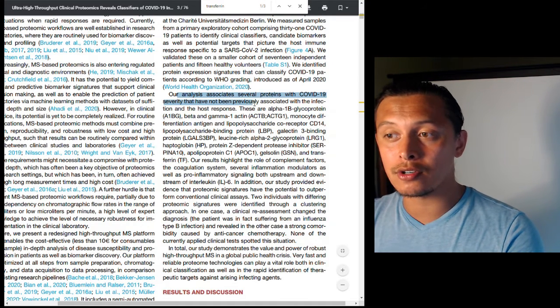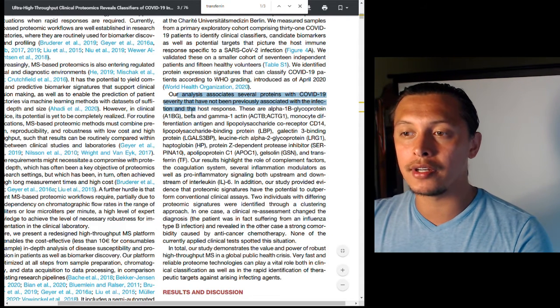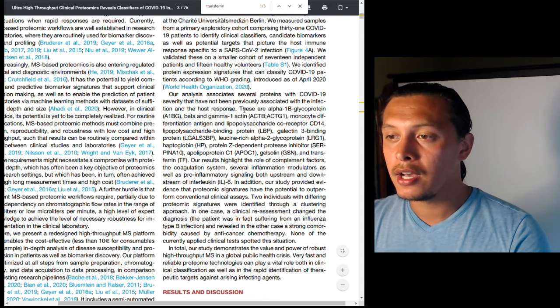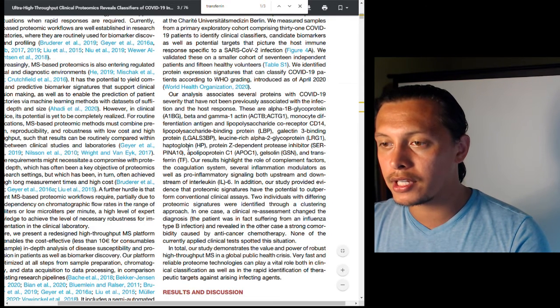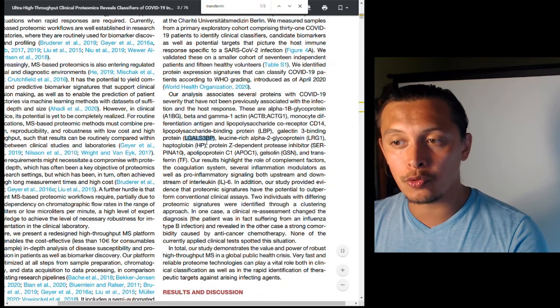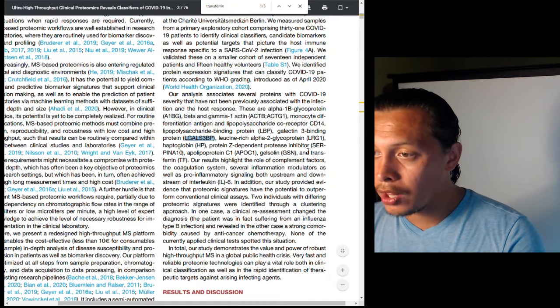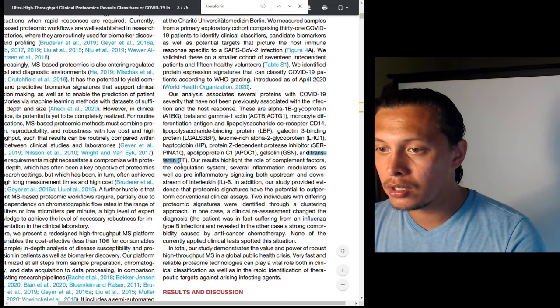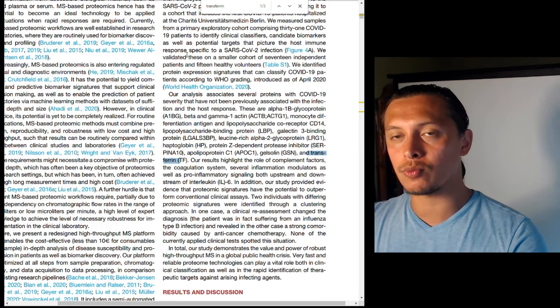So our analysis associates several proteins with COVID-19 severity that have not been previously associated with the host response to infection. These include CD14, the Galectin 3 binding protein that we were talking about earlier, and all the way down here, oh yeah, transferrin. That's being affected in some way as well.